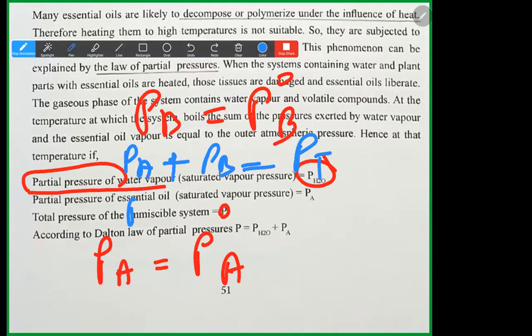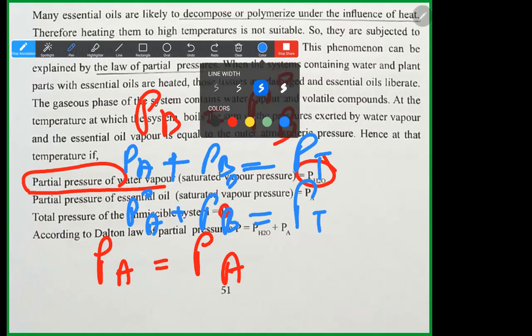So P naught A plus P naught B equals the total pressure. Saturated vapor pressures together give the total pressure because they are vaporizing independently from each other, because these are immiscible. They are not mixing.